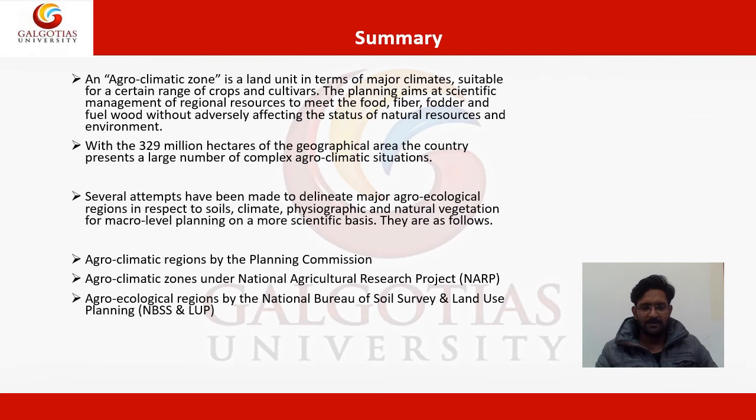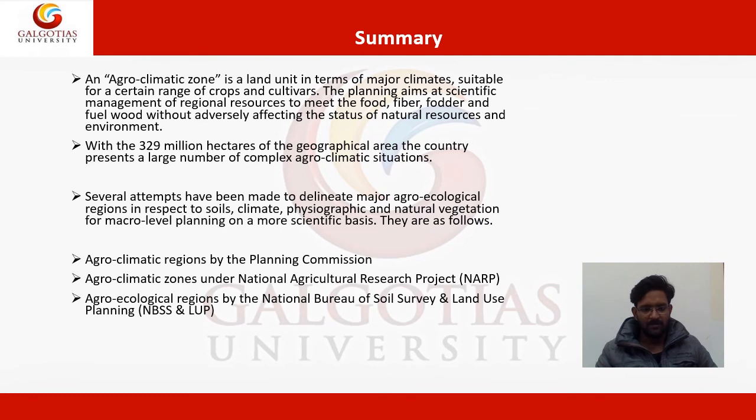With 329 million hectares of geographical area, the country presents a large number of complex agro-climatic situations. Several attempts have been made to delineate major agro-ecological regions with respect to soils, climate, physiography and natural vegetation for macro-level planning on a more scientific basis.